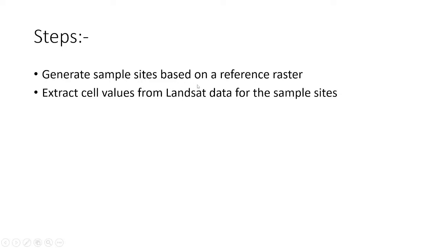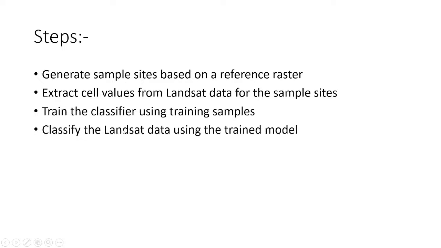Suppose you want to use the Landsat data, so all of those pixel values for Landsat data you have to extract from the sample sites or training points, and then train the classifier using the training sample. Then classify the Landsat data using the trained model.